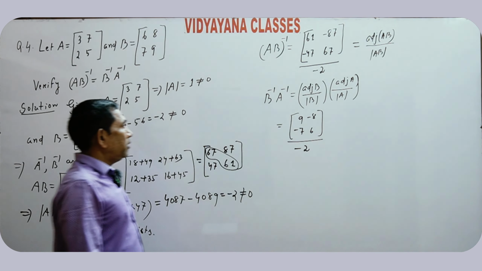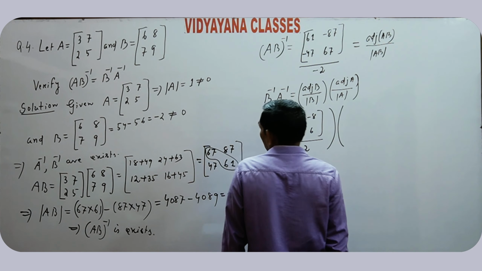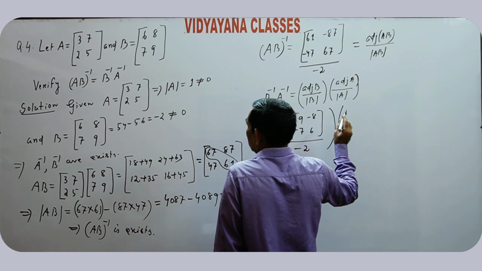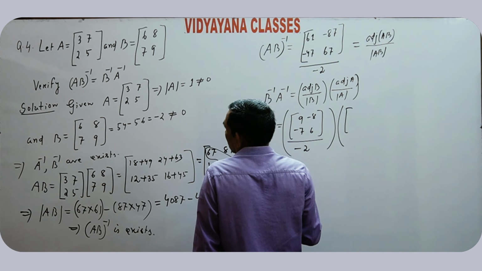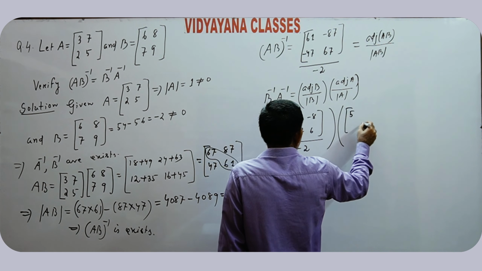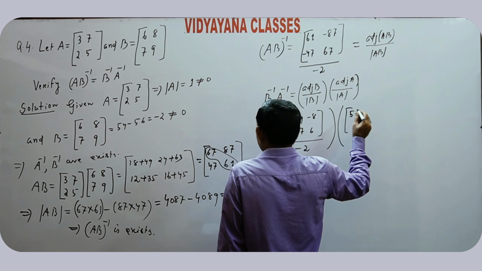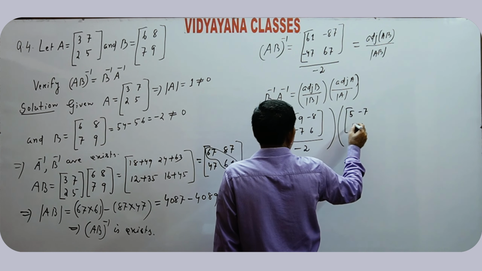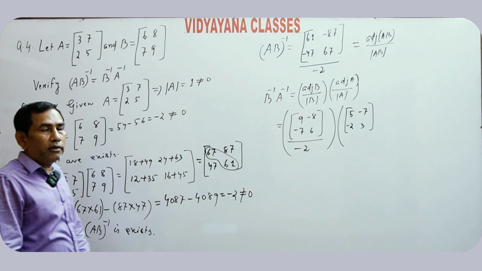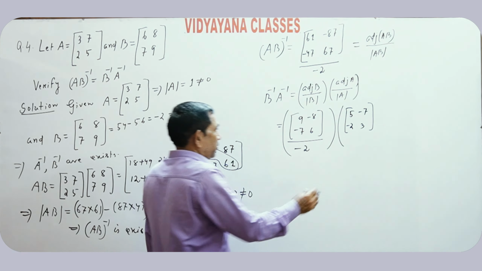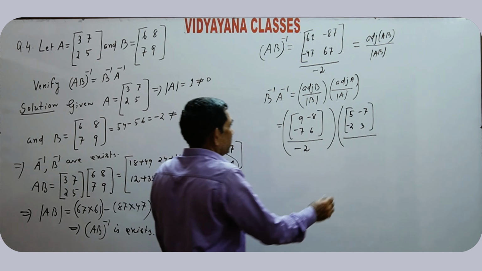Minus 2 into adjoint of A: interchange the diagonal elements, that is 5, 3. Change the signs of 7 and 2, plus will be minus and minus will be plus. Divided by determinant of A, which is equal to 1.